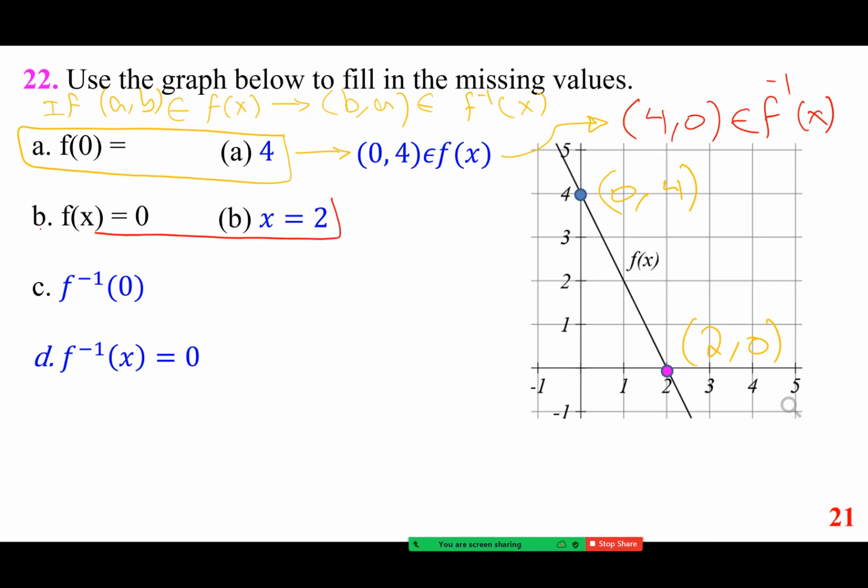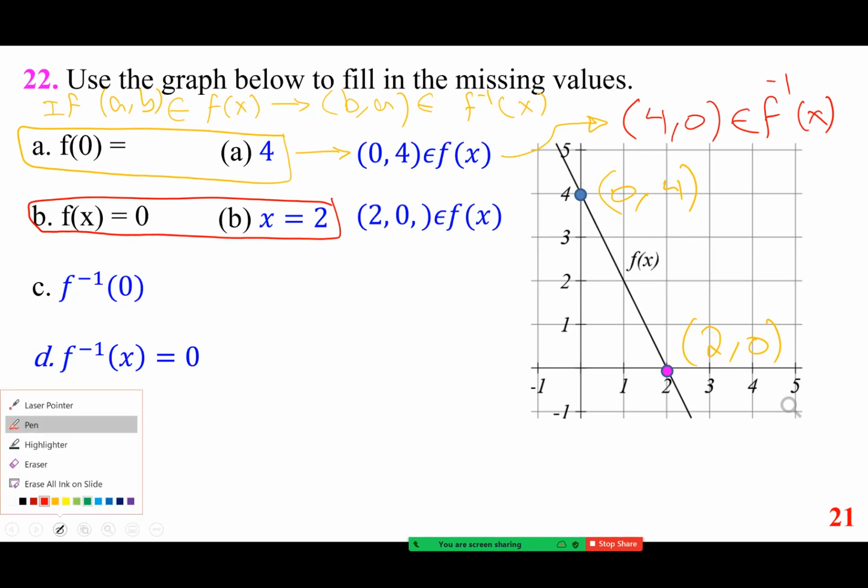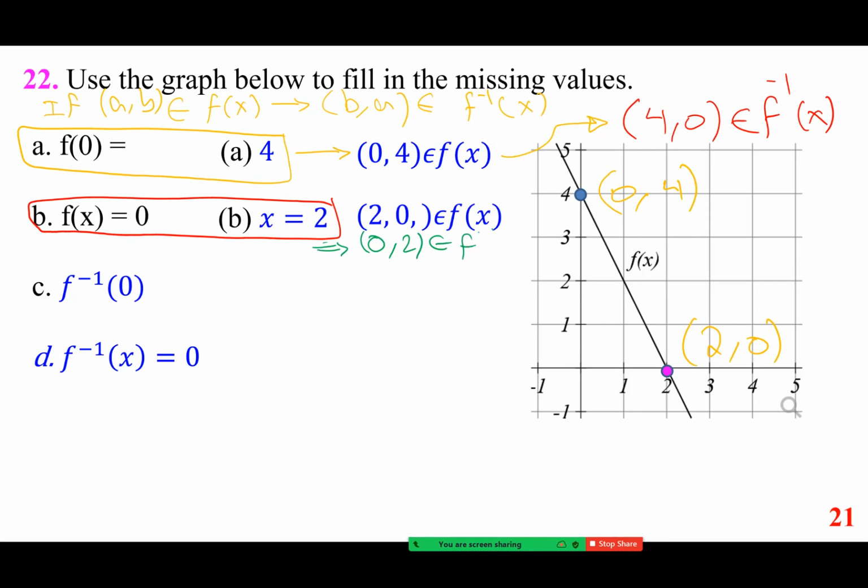This means 2, 0 belongs to f of x. And let me use a different color. And therefore, 0, 2 is an element of its inverse. So that's the meaning we should know.